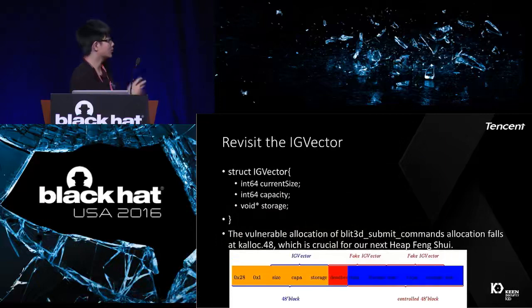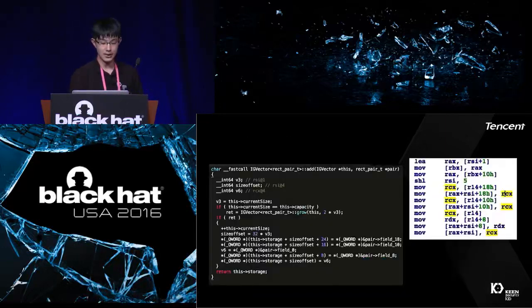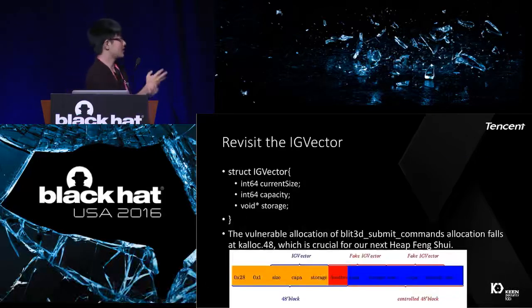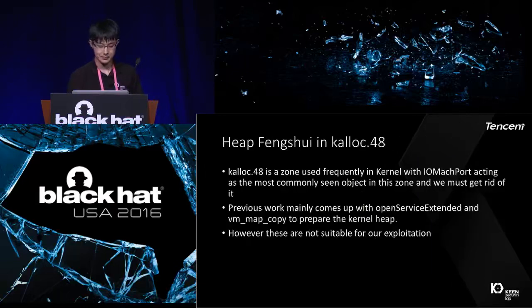So we got an OOB write in this kalloc.48 zone, and we need to do heap feng shui to ensure that what follows after this benign block is content that we can stabilize and control. Previous methods like vm_map_copy and IOOpenServiceExtended are known methods to prepare the OSX and iOS kernel memory.